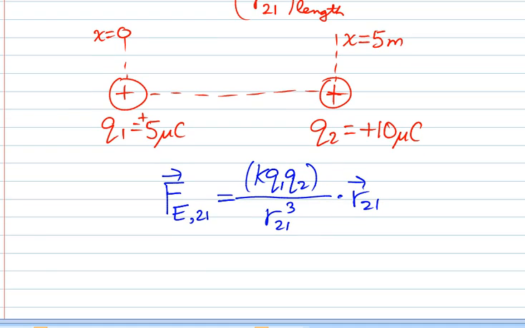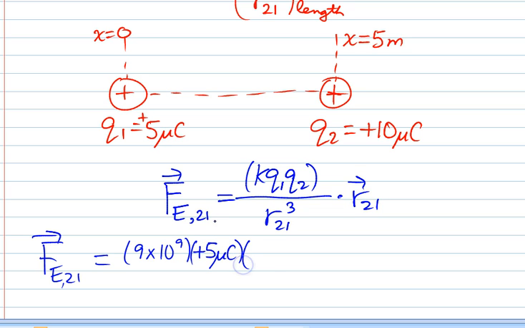Alright, let's try this. K is easy. q1 is easy. I'm going to leave my plus 5 microcoulombs in there. And q2 is plus 10.